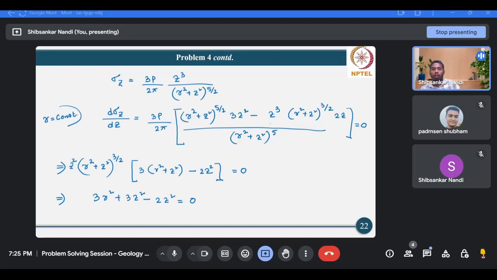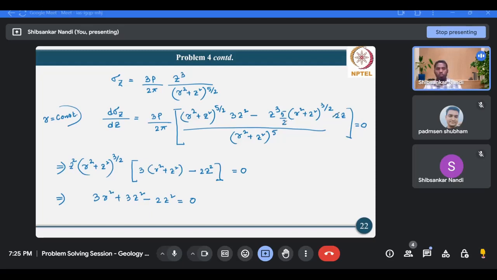Okay, I think I made a mistake here. So it's u, it's v: (r square plus z square) to the power 5 by 2 into 3z square, minus there will be one 5 by 2, 5 by 2 multiplied by (r square plus z square) whole to the power 3 by 2.